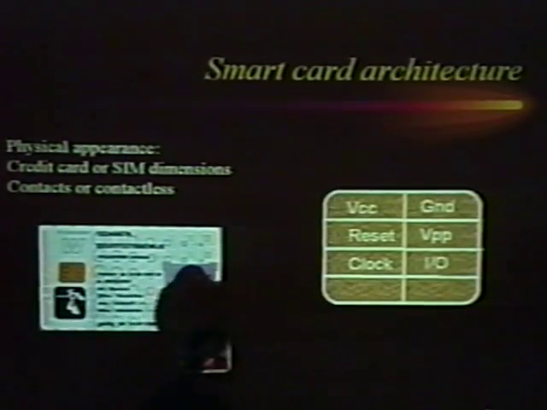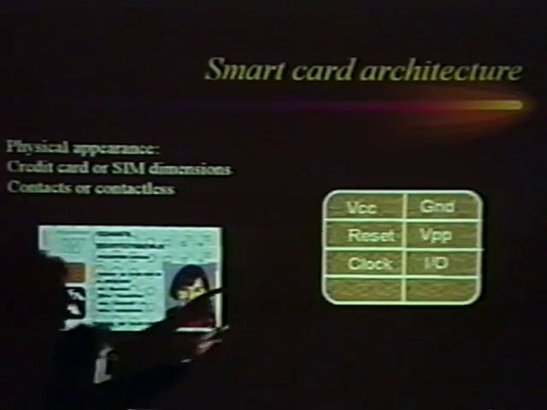Then we have one connection for the I/O. All data is transferred on a serial line, and it's bidirectional, but both parties alternate in sending and receiving. So it's the smart card reader and the smart card itself.